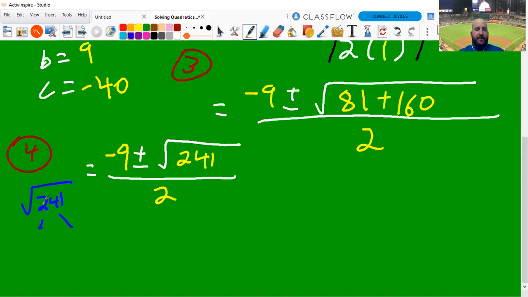Now, I expect you to actually calculate the square root of 241, and I don't know if you've learned this trick before. If I actually took the square root of 241, it would be 15.524. I did this earlier in class.